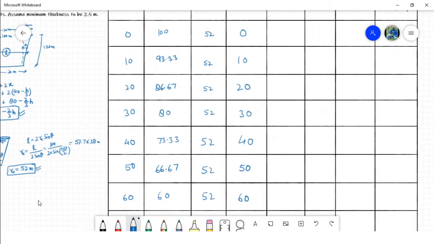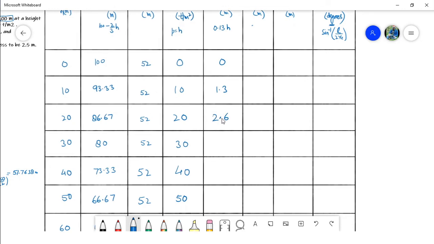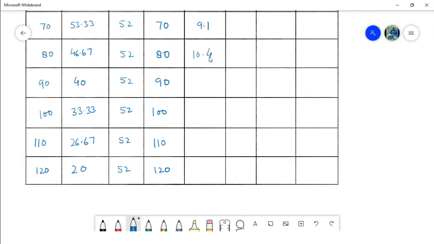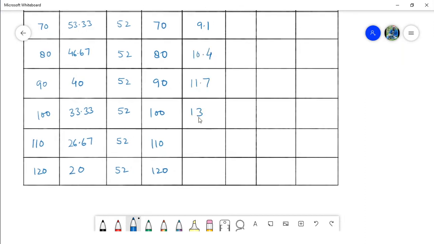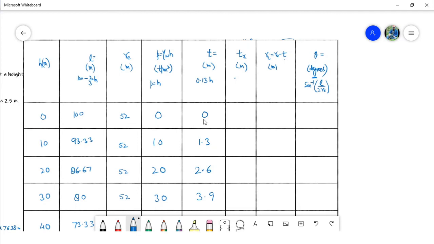It is 0.13 times h, so this is 0, this is 1.3, and at 20 this is calculated. The calculated thickness at the top is coming out to be 0, but we cannot provide the thickness to be 0.